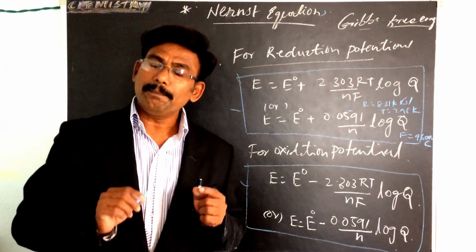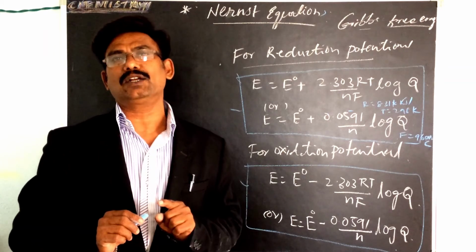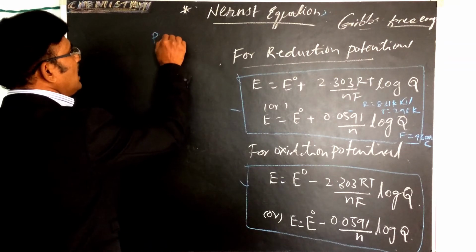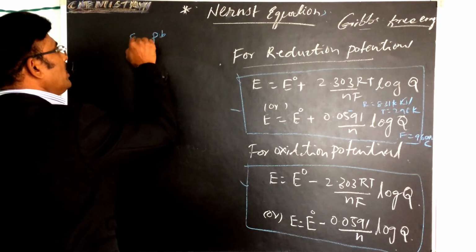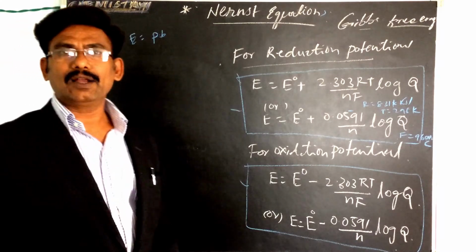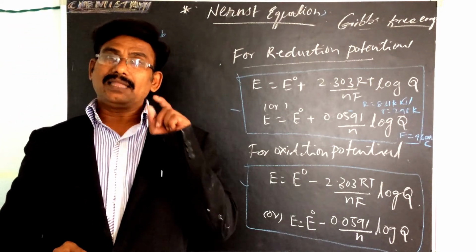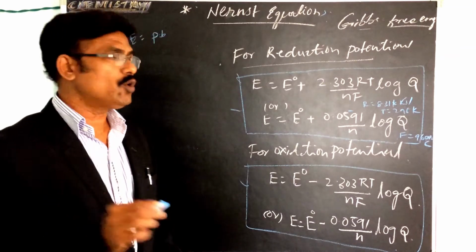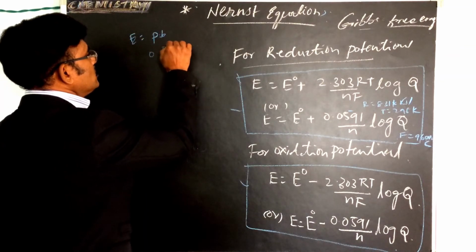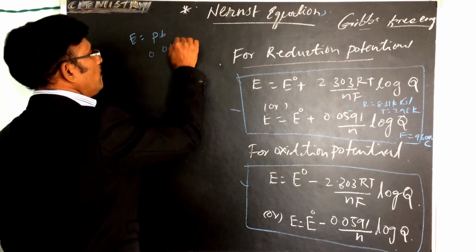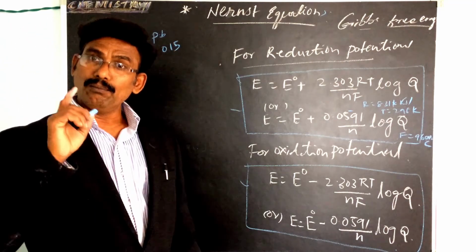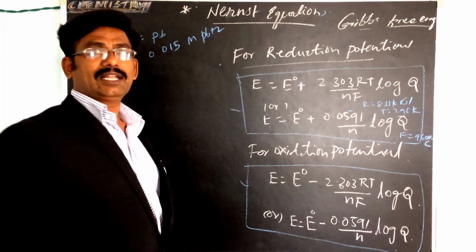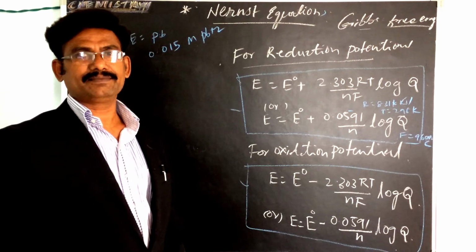What is the potential of a lead electrode that is in contact with a 0.015 molar solution of lead ions, Pb2+?